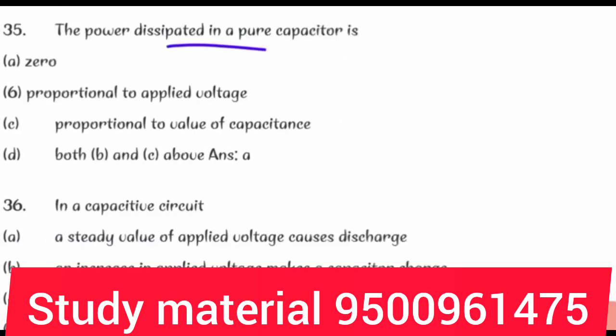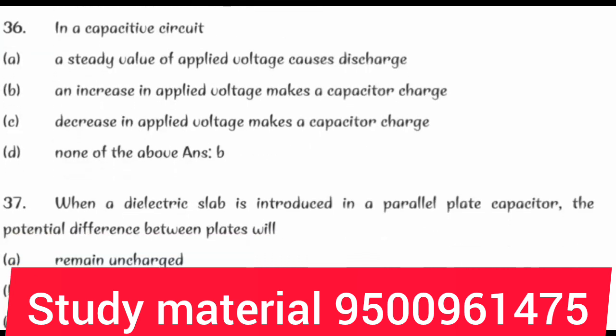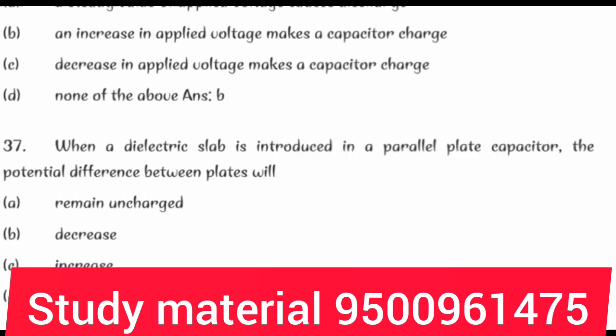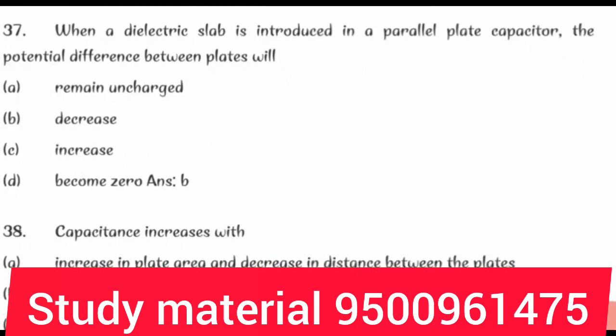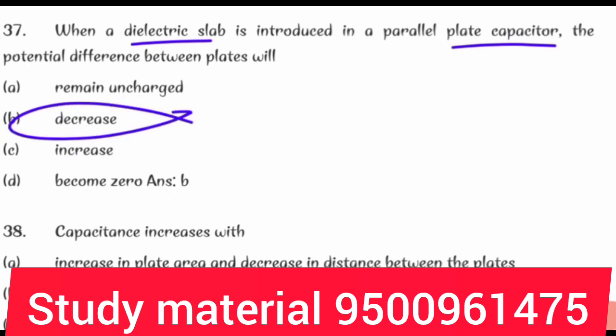The power dissipated in a pure capacitor is 0. In a capacitive circuit, an increase in applied voltage increases a capacitor's charge. When a dielectric slab is introduced in a parallel plate capacitor, the potential difference between plates will decrease.